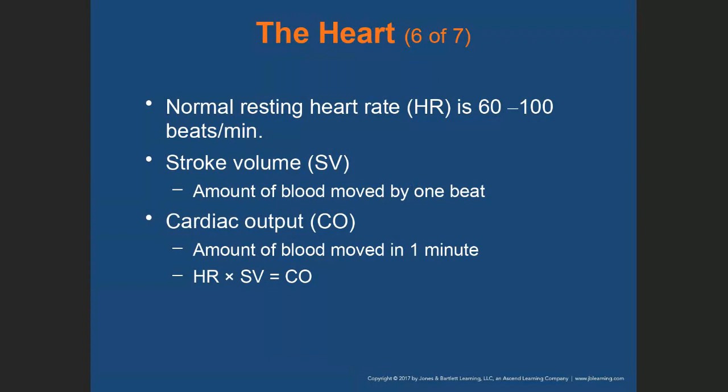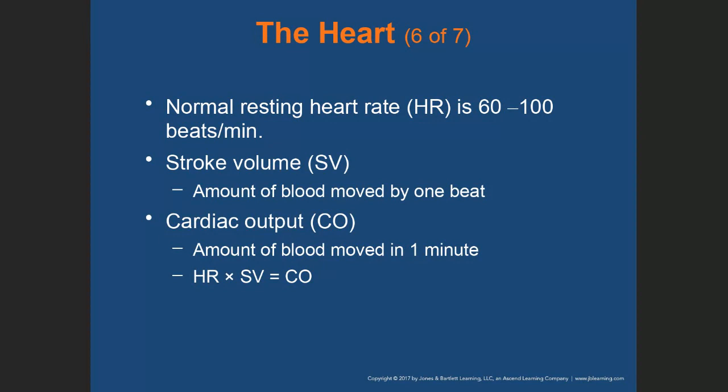Now, a normal resting heart rate for an adult is 60 to 100 beats per minute. And the younger the patient is, the faster the heart rate will be. And we'll go into how you can calculate that down the line.